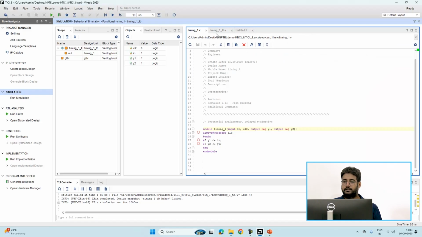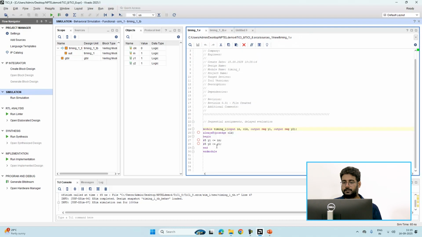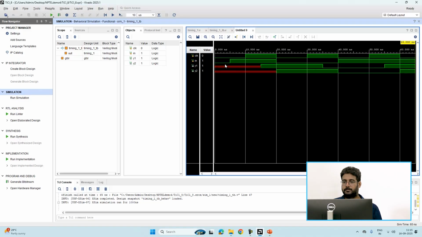Input is evaluated, and after #5 the output is evaluated. This Y1 is evaluated, and after the begin block closes only, they will be assigned. So #5 and again this #10.